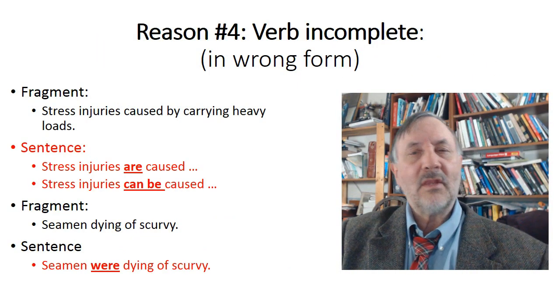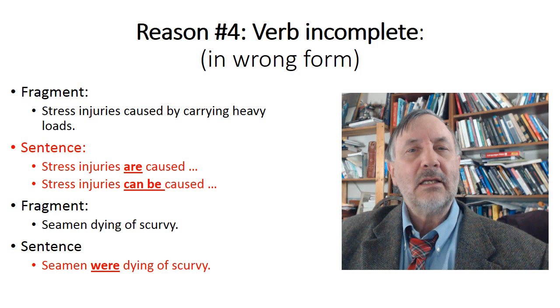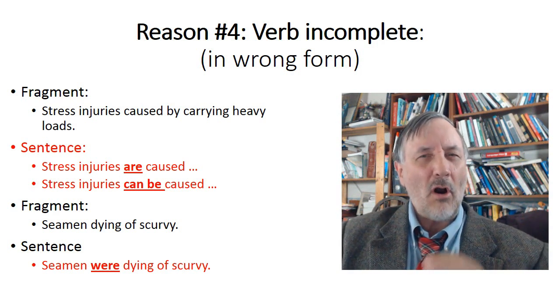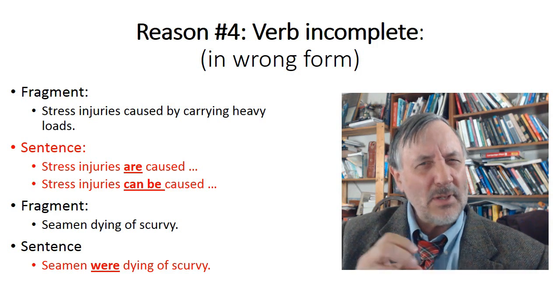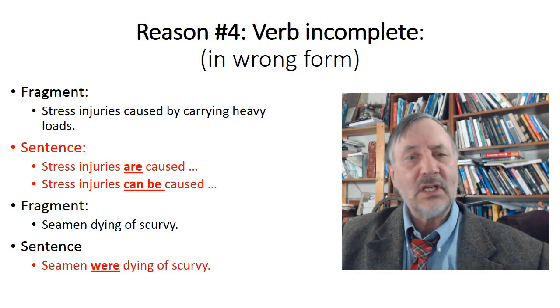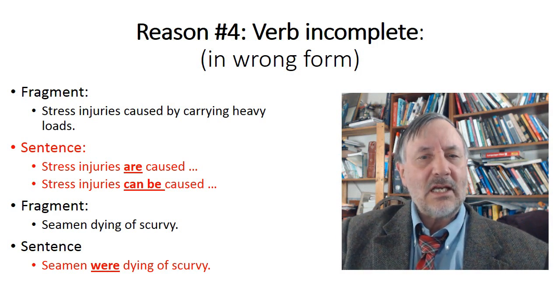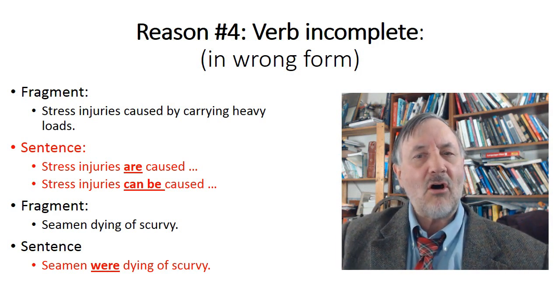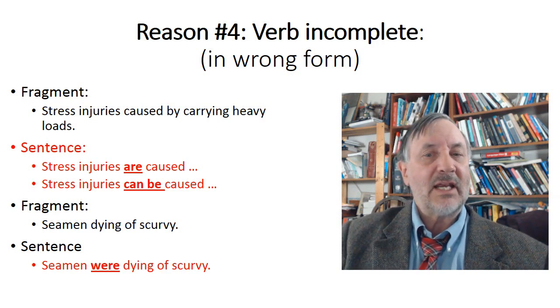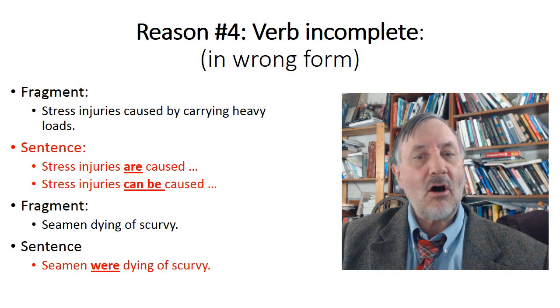Reason number 4 for a sentence fragment is that the verb is incomplete. So we're almost at a sentence, but the verb isn't quite right. If we look at the examples, we can see one such as stress injuries caused by carrying heavy loads. Well, the complete verb would have to be are caused by carrying heavy loads, or can be caused.